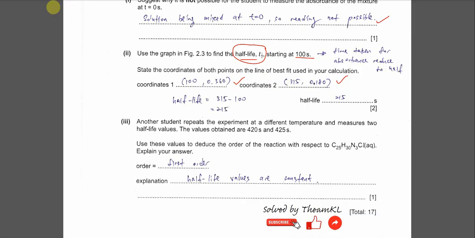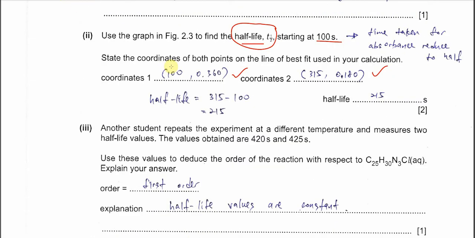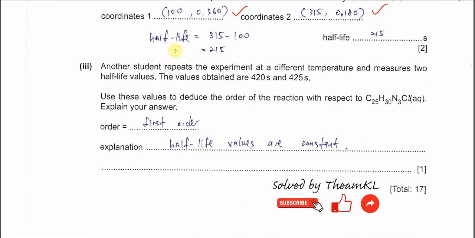Last one. Another student repeats the experiment at a different temperature and measures two half-life values: 420 seconds and 425 seconds. Use these values to deduce the order of the reaction with respect to the dye solution.